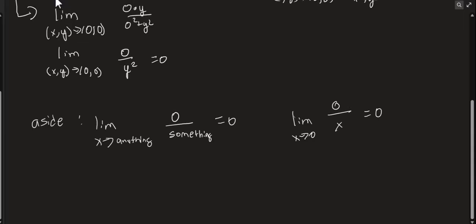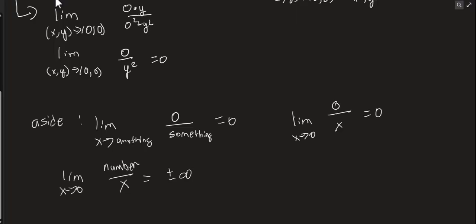So when you have the limit as x approaches 0 of a number over x, so 0 is in the denominator, that's going to be either plus or minus infinity.